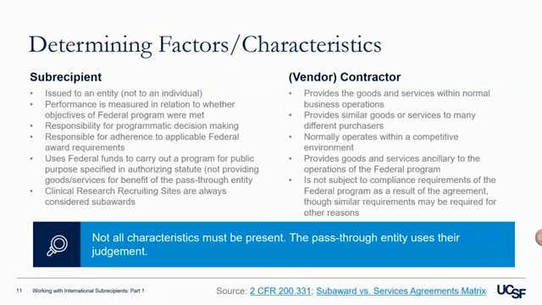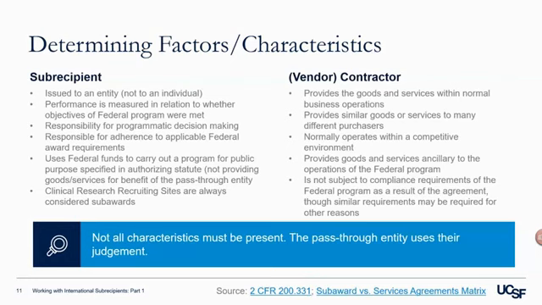We need to document our decisions and why we made these decisions. So you want to make sure you include that with your subaward documentation. And for-profits may need more scrutiny. So they're not always subawards, and please don't ever assume.